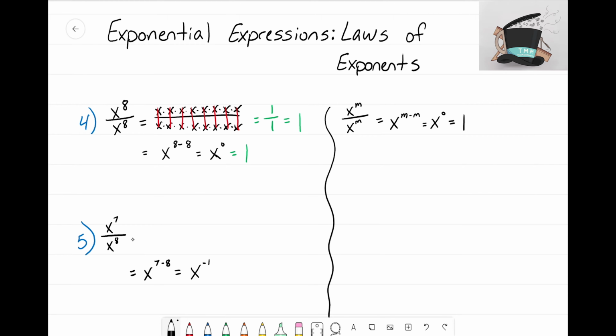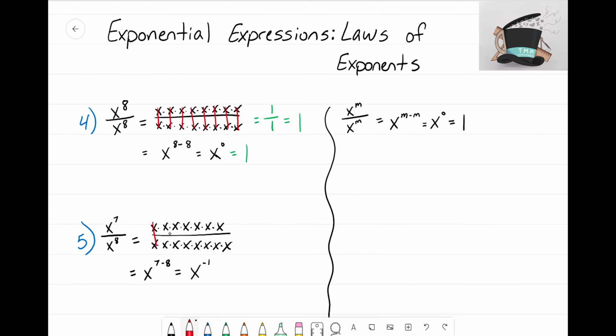So let's expand it out. I'm going to have 7 x's up here and my 8 x's on the bottom. Let's start canceling them out just like we did before and see what our result ends up being.